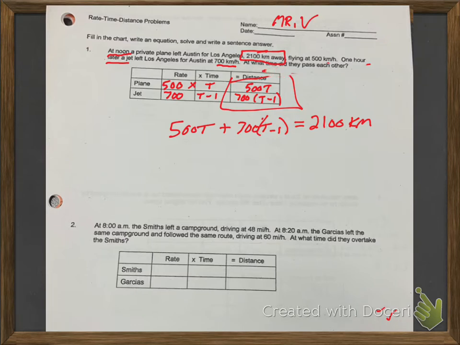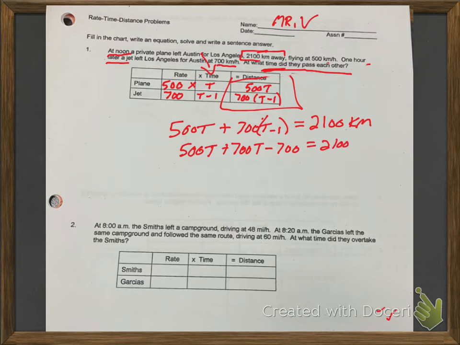By solving for this variable, time, we can then plug it in and see what time they pass each other. If I solve this right away, it'll be 500T plus 700T minus 700 is equal to 2,100.